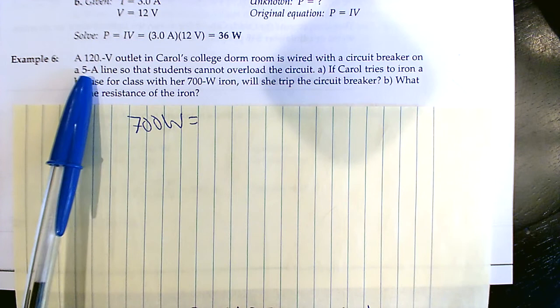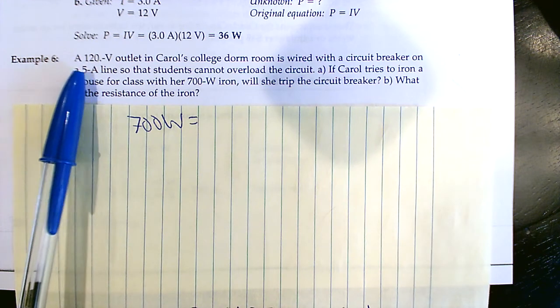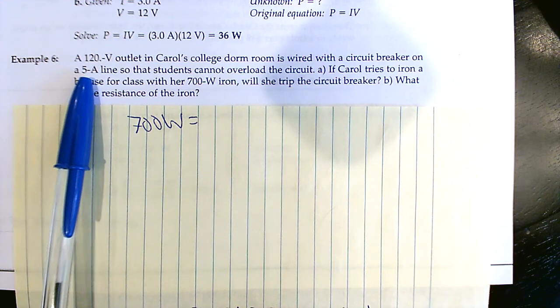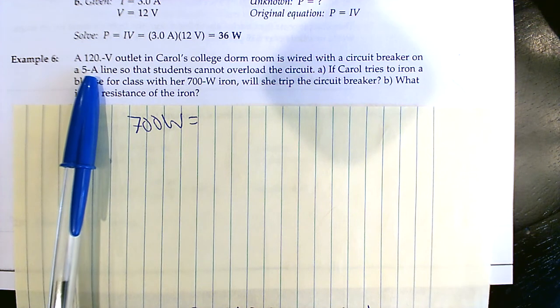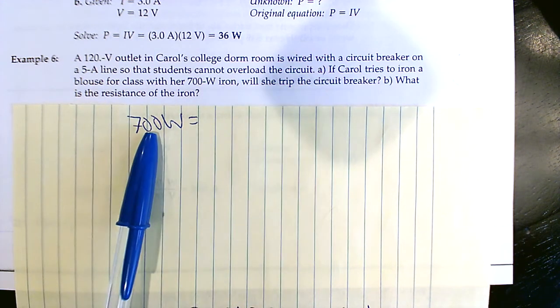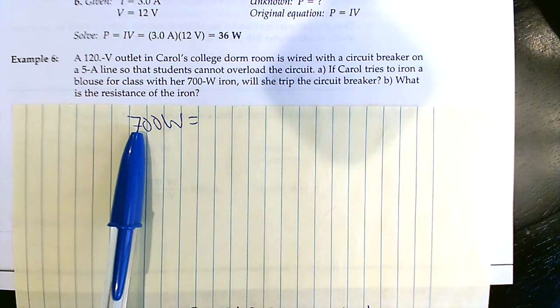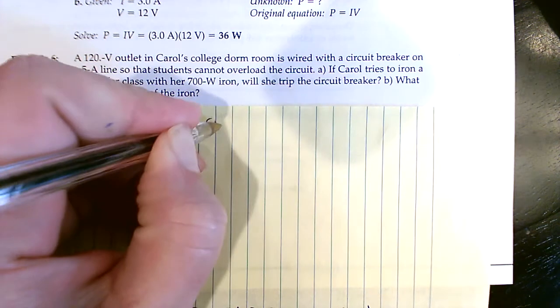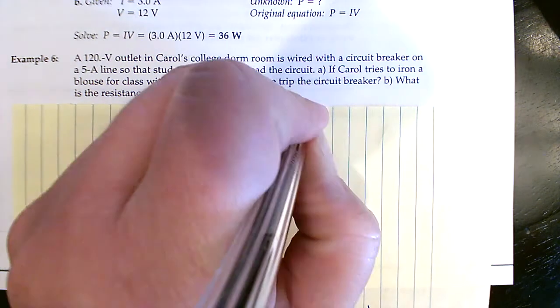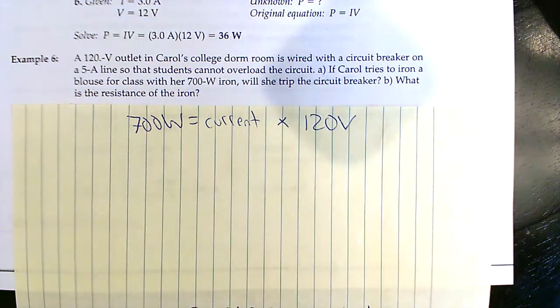So the 5 amps is not necessarily the current. Okay, the 5 amps is the maximum current. So if we calculate the current to be more than 5, then yes, she will trip the circuit breaker. So we're going to use the same formula I had worked out. So we have power equals current times voltage. Here's 120 volts.